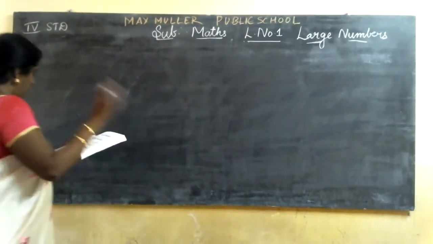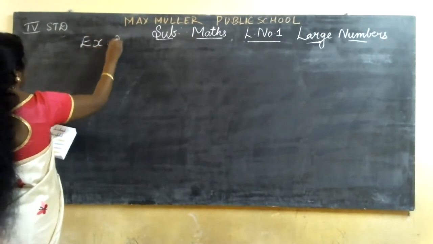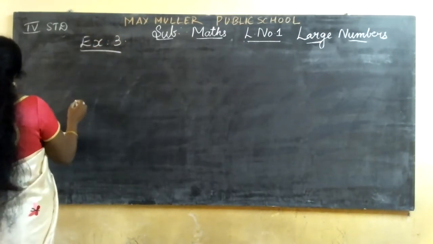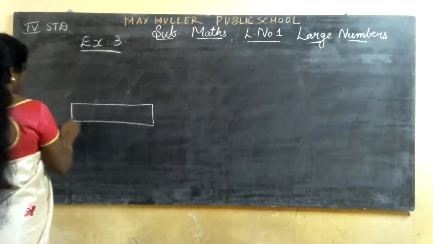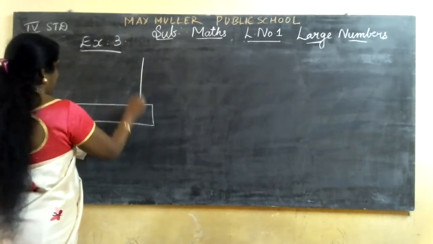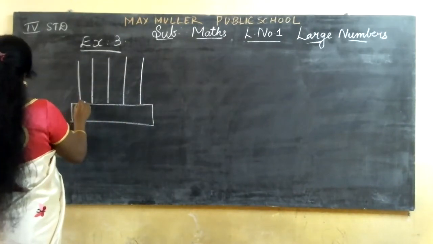So now I'll start. I won't give many, only two sums I'll give, children. The others you should write yourselves. The abacus is very easy. So look at the abacus, 5 spikes. See, 1 spike, 2, 3, 4, 5.